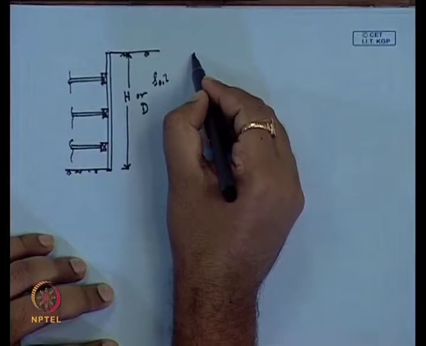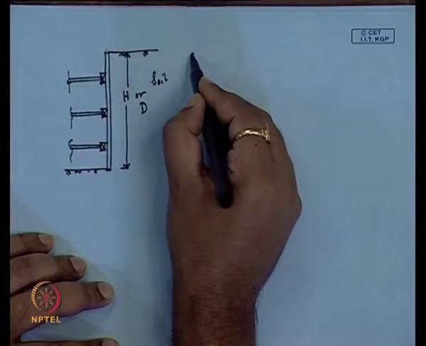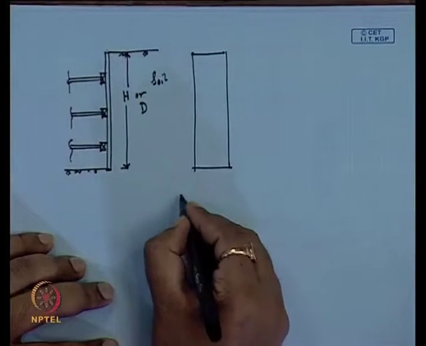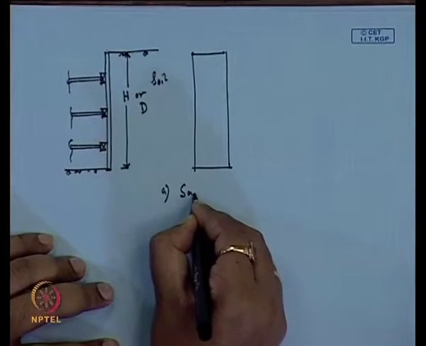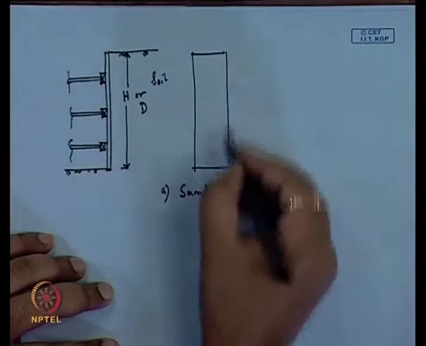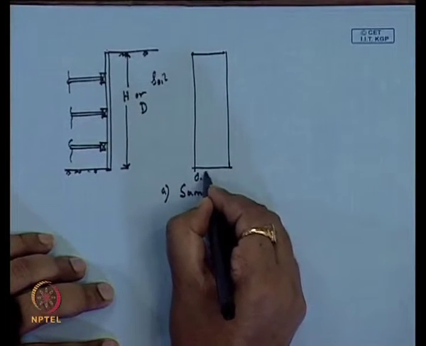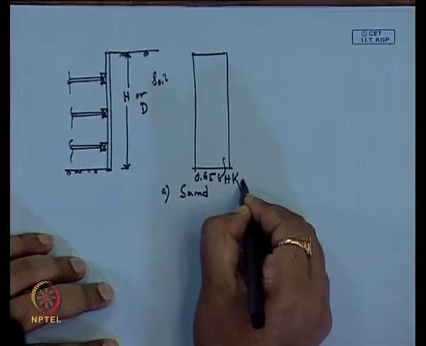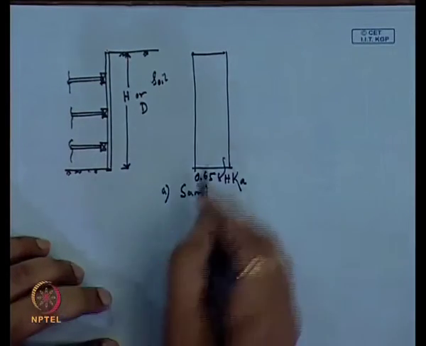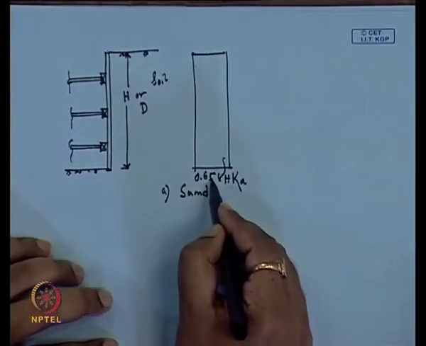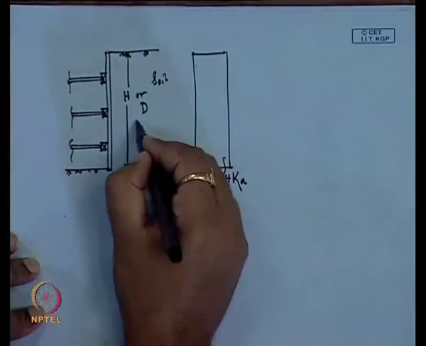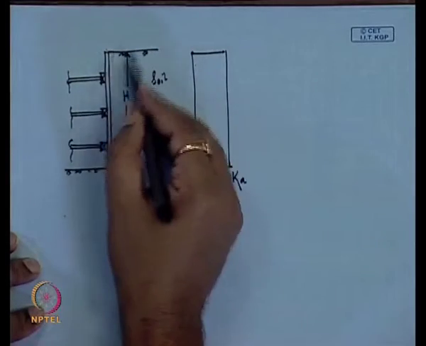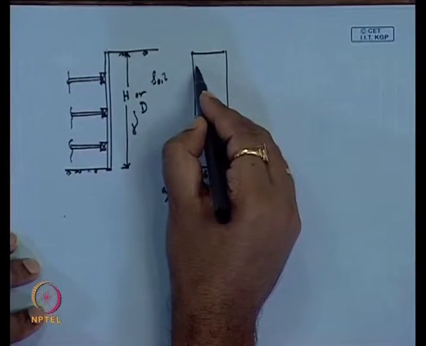That depends upon the speed at which excavation is advanced, and the type of soil. Suppose the first soil is sandy soil. Here we get the pressure distribution 0.65 gamma H K_A, where gamma is the unit weight of the soil, and gamma H into K is the lateral pressure distribution acting here.